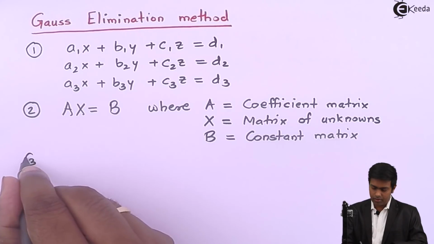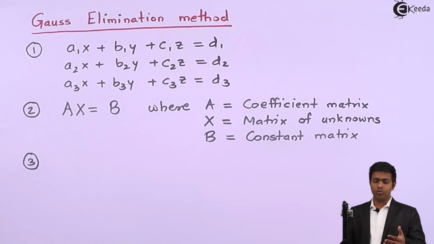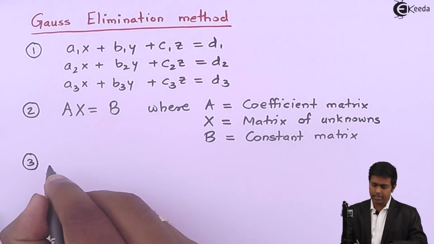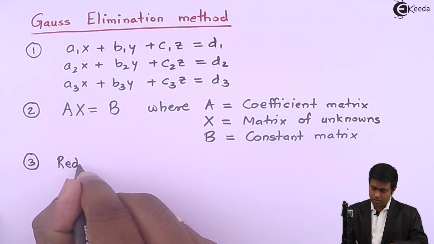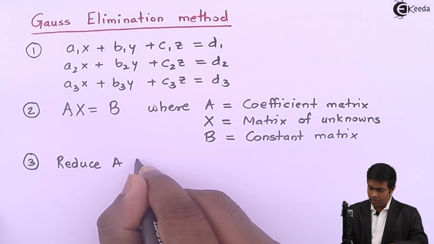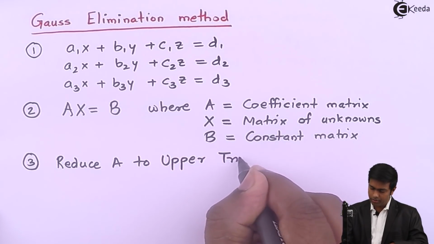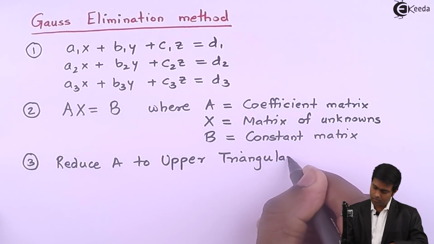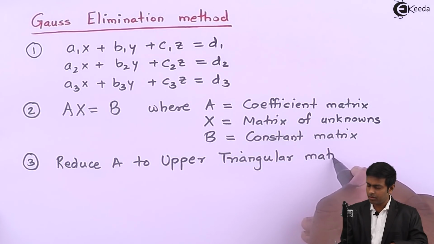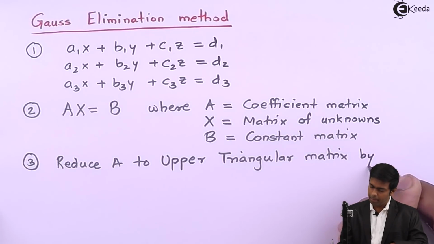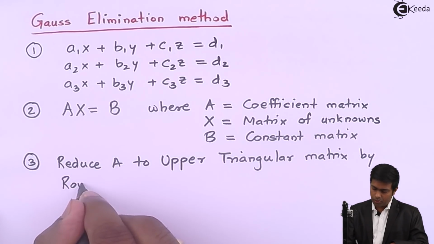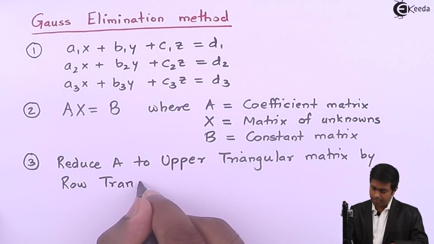Then we will reduce the matrix A by using row transformations and convert it into an upper triangular matrix. So here I will say reduce A to upper triangular matrix by row transformations only.